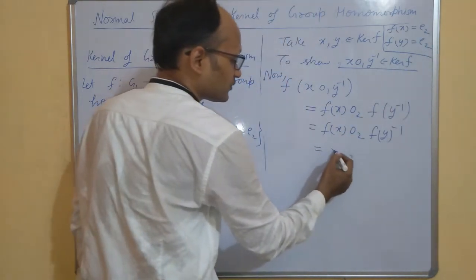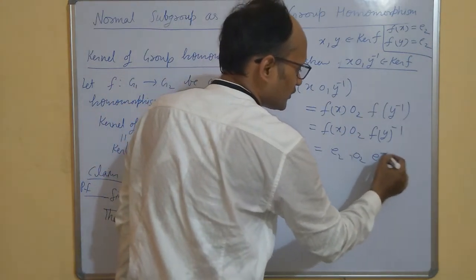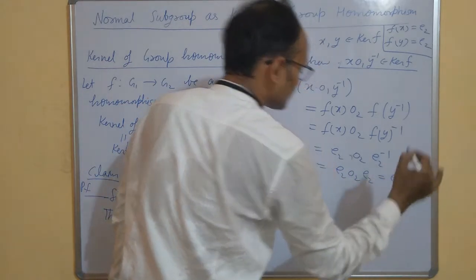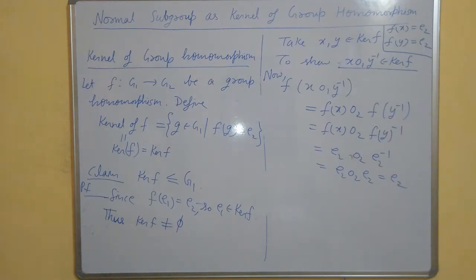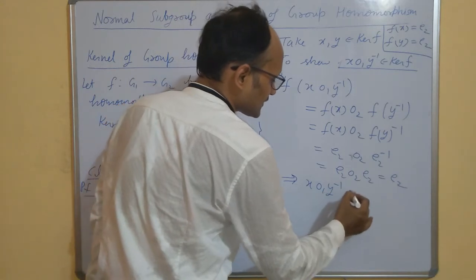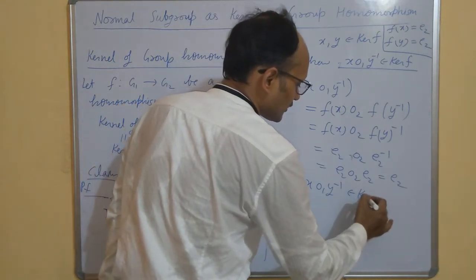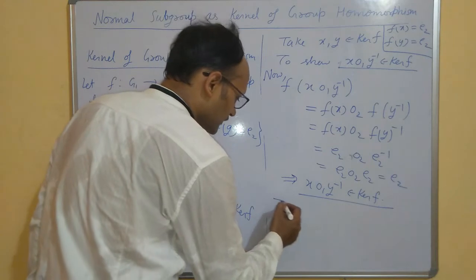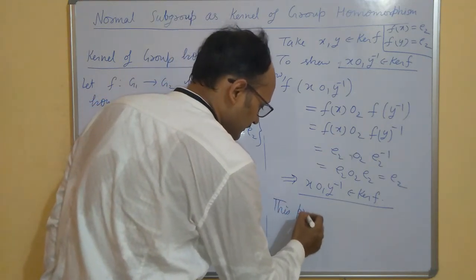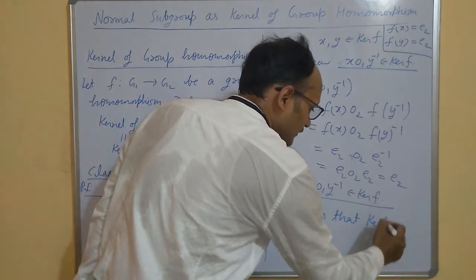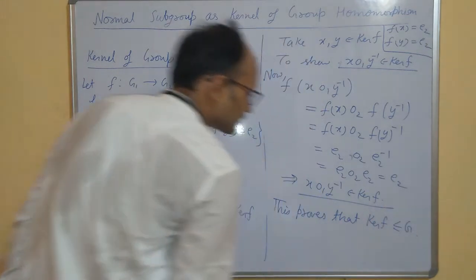So this is E2 O2 E2 inverse, but E2 inverse is E2. So this is E2. So this implies x O1 y inverse belongs to kernel of f. So this proves that kernel of f is a subgroup of G.